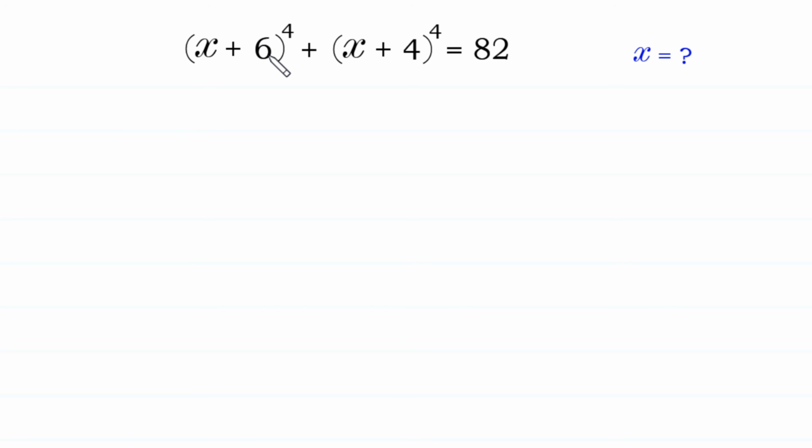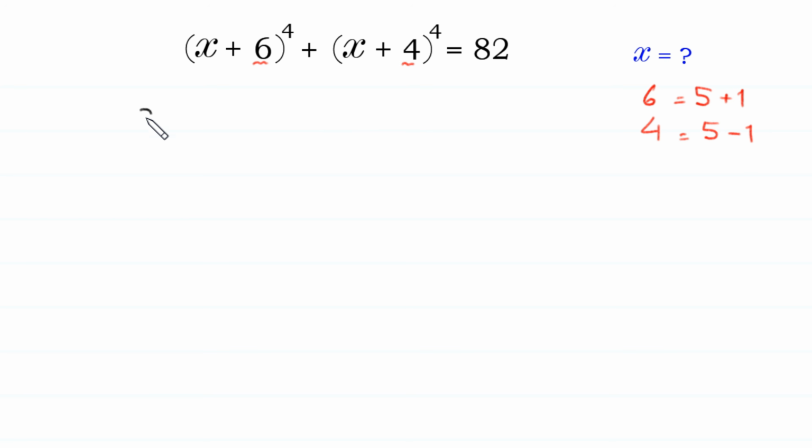(x + 6)^4 + (x + 4)^4 is equal to 82. First of all, we split this 6 as 5 plus 1, and we split this 4 as 5 minus 1.